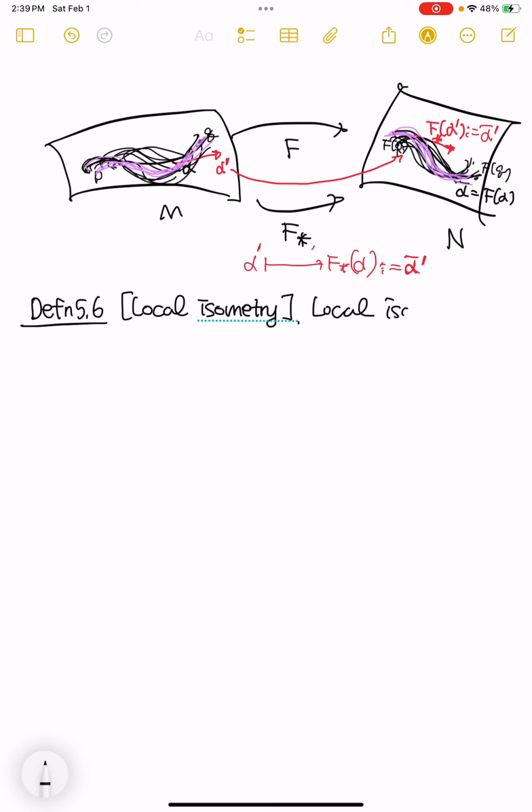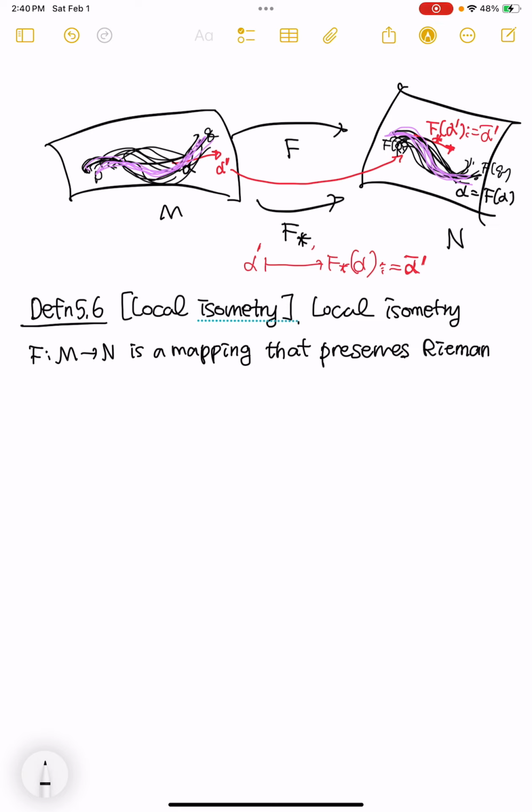So that is a mapping that preserves the Riemannian metric.